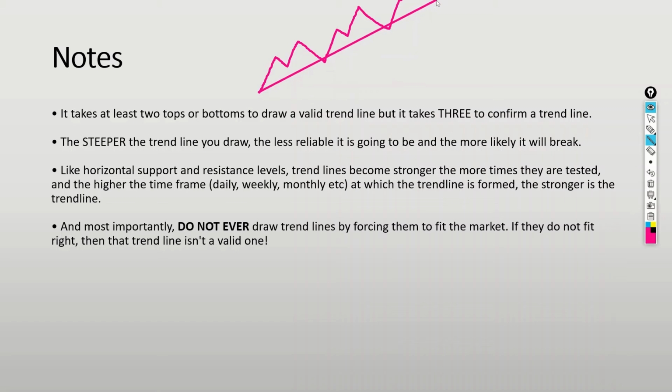This one could match, but do not force something like this. It does not make sense. Okay, but this could have made sense. So you draw according to what is good, and you do not force the market to fit your trend lines.